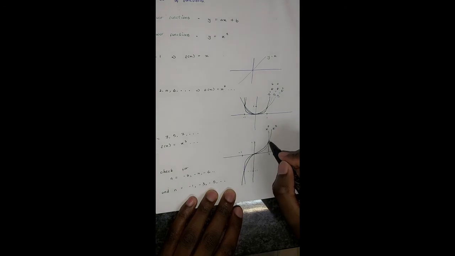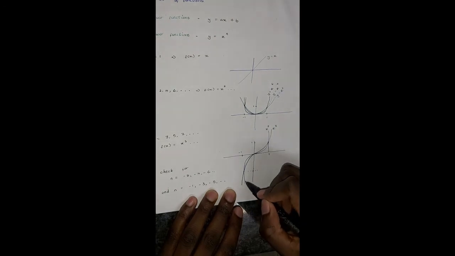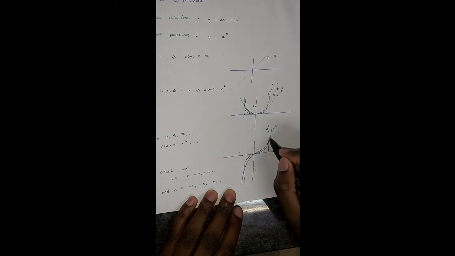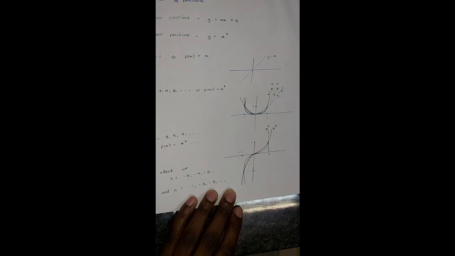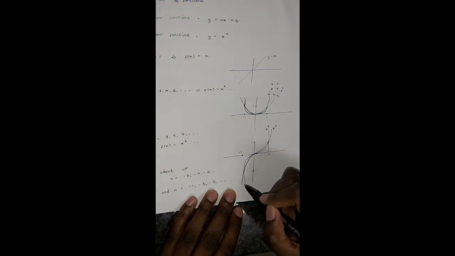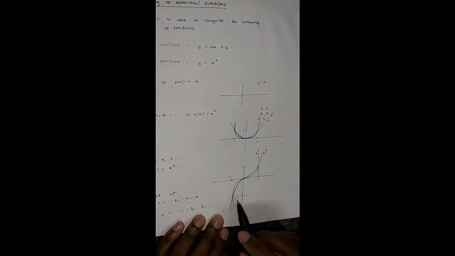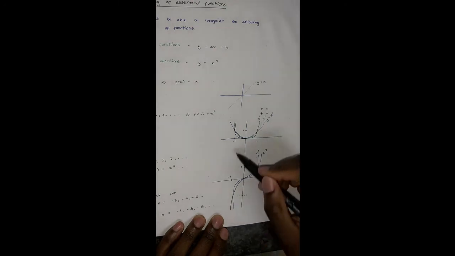As you can see over here, the gradient is becoming larger and larger. So this will be your y equals x to the power of 5, which means y equals x to the power of 7 would also do something like that. And what you have to know is that in both instances, your graphs intersect at x equals 1 and x equals -1.